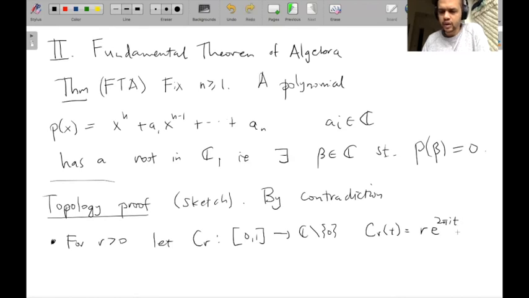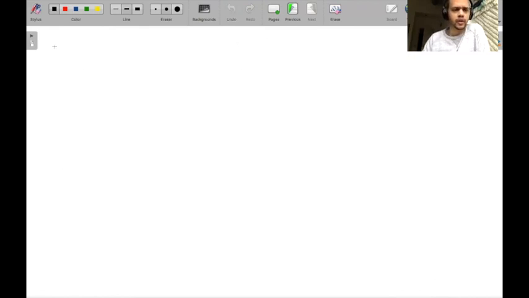So this is a loop that traverses the circle of radius r. It's based at the point r. Here, r is just some real number.